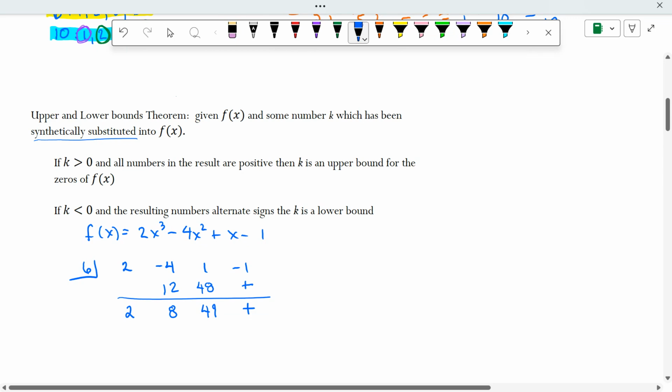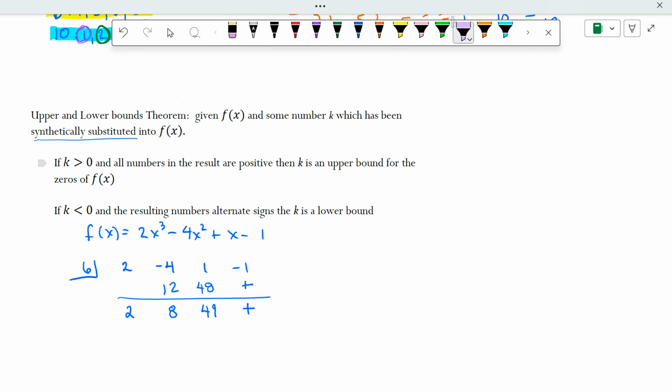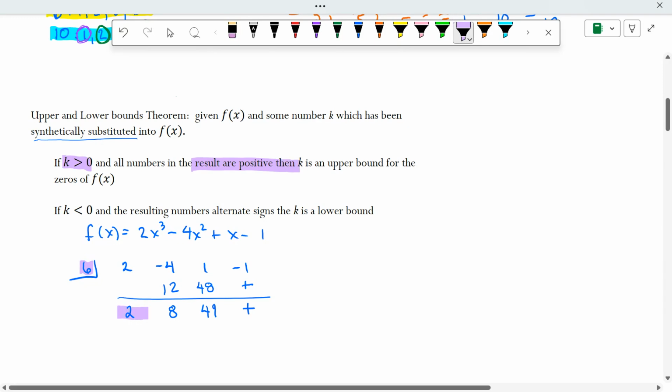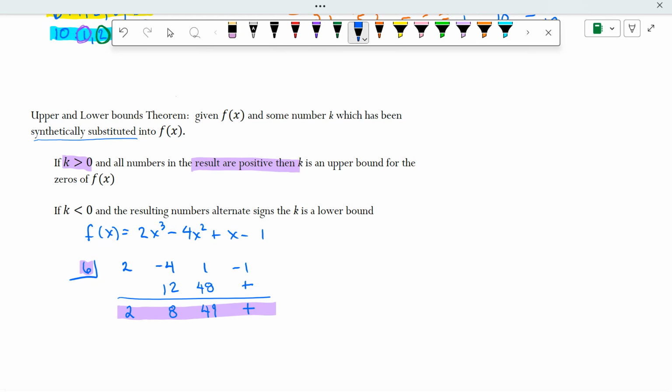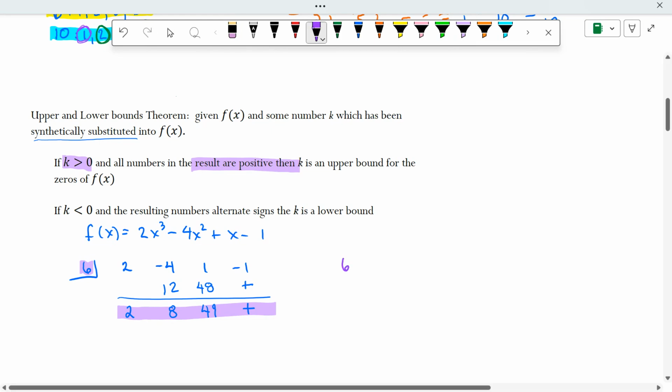So it says here, if k is positive, 6 is positive, and all the results are positive, both of those are positive, then I can say that 6 is an upper bound of the polynomial.